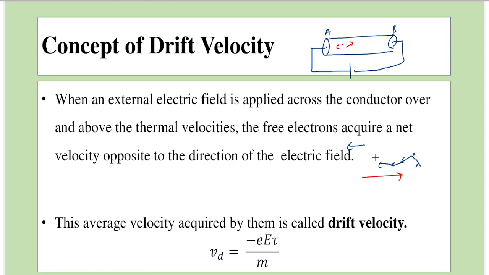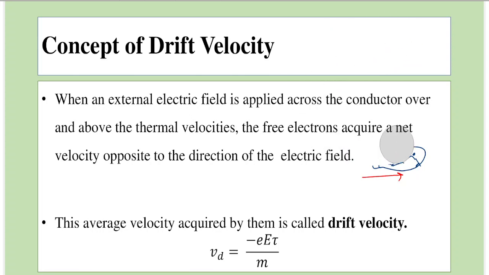So the electron is trying to move in only one direction, which means if you look at all the electrons, they will collide with the neighboring atoms or molecules, and after collision they will all try to move only in one given direction. So in this case, the electrons will have an average velocity or average speed. That velocity is called drift velocity.